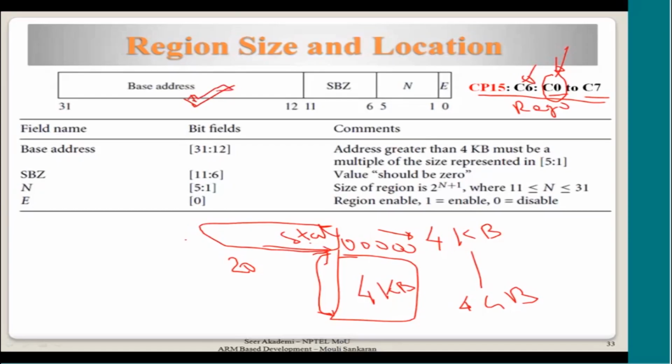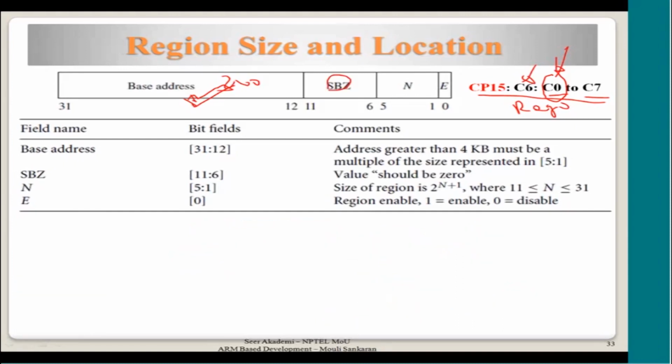If it is 4 kilobytes starting at 20,000, then the top 12 bits will be ignored, and the remaining address bits will come here. This value should be 0, and then this number n is a number varying from 11 to 31.